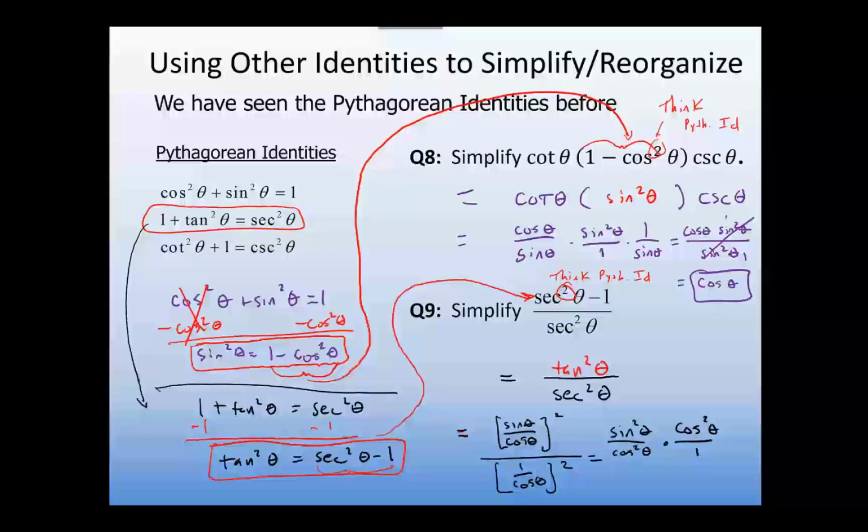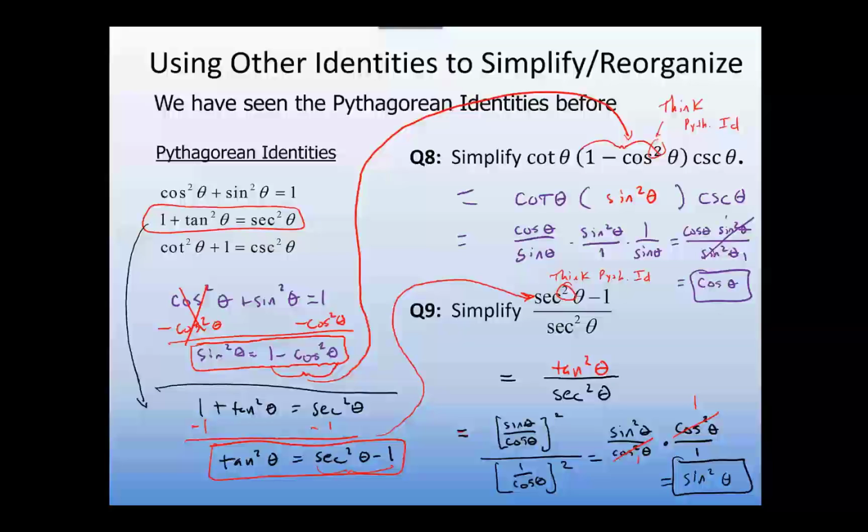And I see cosine squared on top divided by cosine squared on the bottom. This is reducible. This divides to 1 and that divides to 1. And so number 9 finally simplifies down to just sine squared theta. That very hard expression in number 9 simplified down to something very simple.